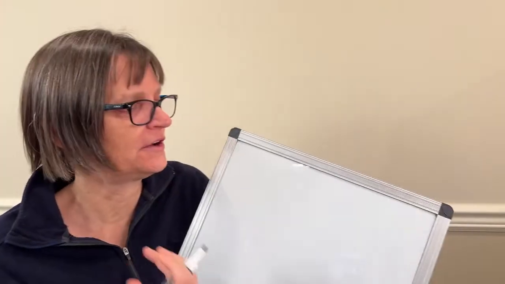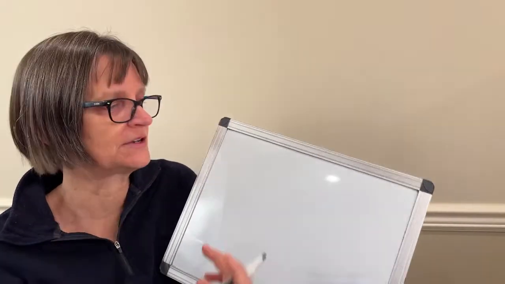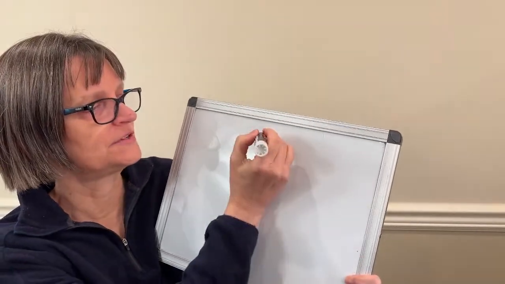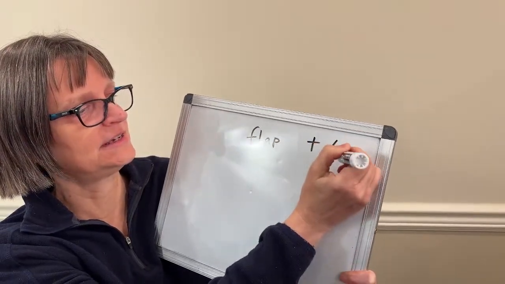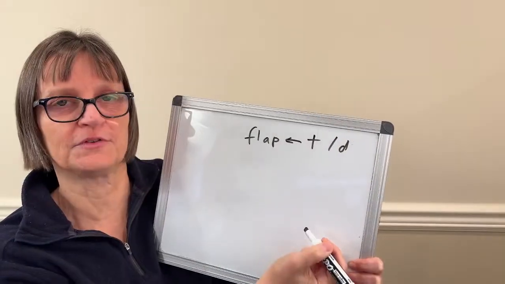Great question. Okay, we have a question about whether the flap T is pronounced R or D. So you're saying you hear it as R, and that's correct. So the flap sound in English, letters T and D, we flap those sounds in the middle of words.